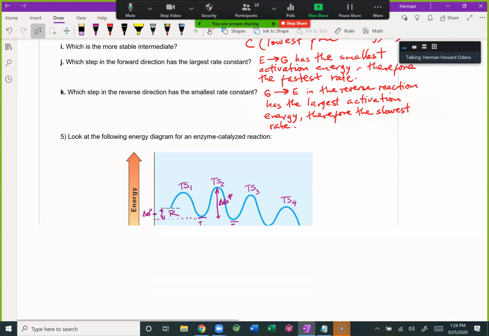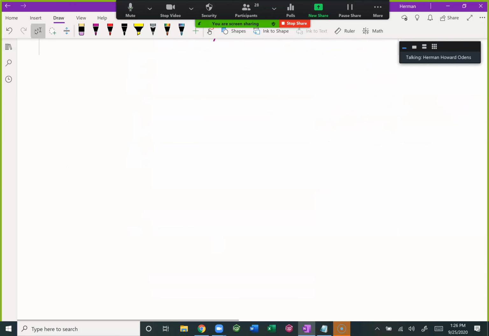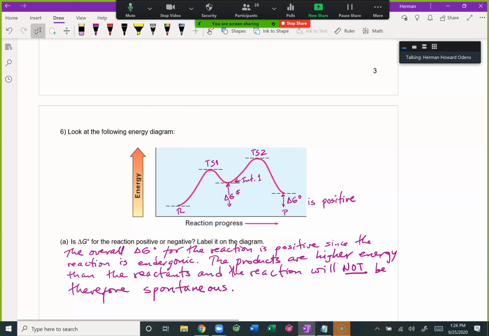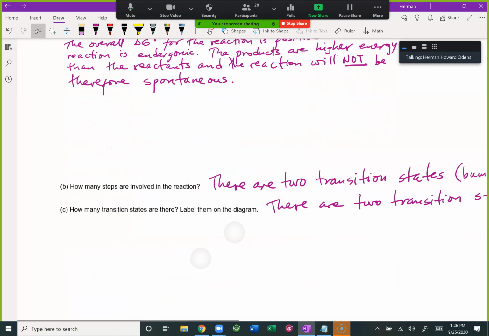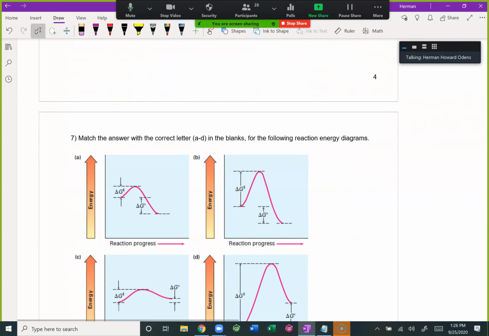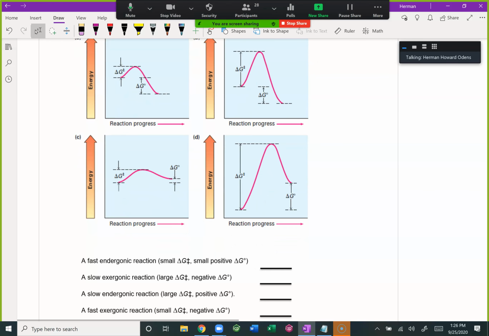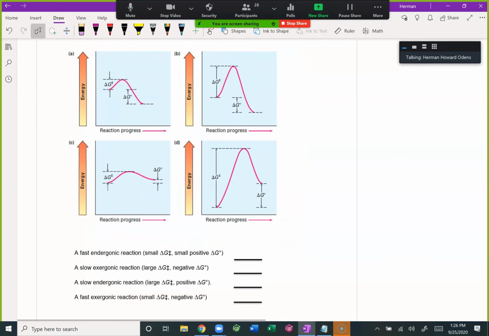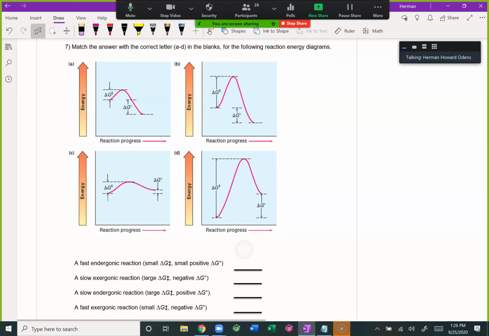There's no more than those 4 cases. So a reaction could have nothing but 4 of these cases, which is a lot. All right, so we're going to answer these questions. Match the answer with the correct letter A through D in the blanks for the following reaction energy diagrams.